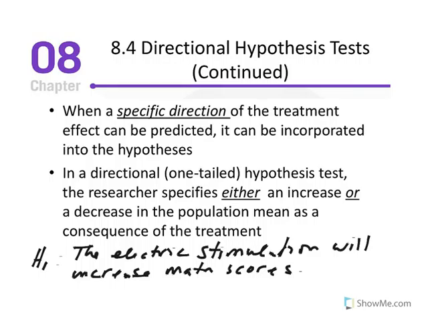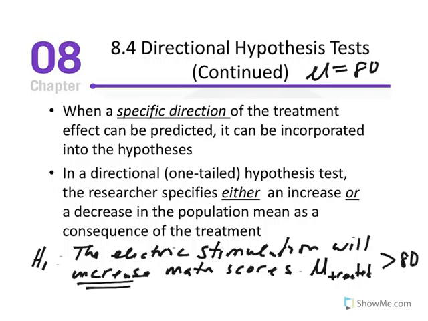Okay, and again, we had identified that the untreated population had a mu of 80. And so the notation here would say that the treated population would be greater than, right? Because we expect it to increase. We expect it to be greater than 80.